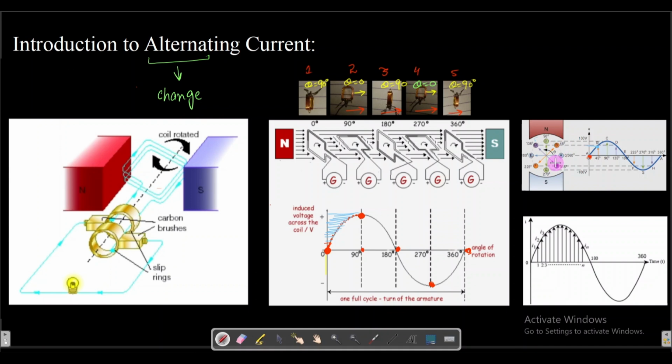As I have discussed, for each degree change there will be a change in the induced EMF. So here for 0 degrees it gives us this EMF value, for 45 degrees it gives us this EMF value, for 90 degrees it gives us this EMF value, and similarly for 135 degrees it gives us this EMF value, and for 180 it becomes 0. So these are the EMF values.